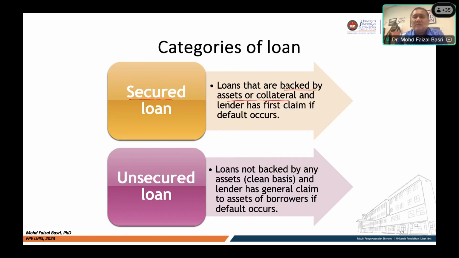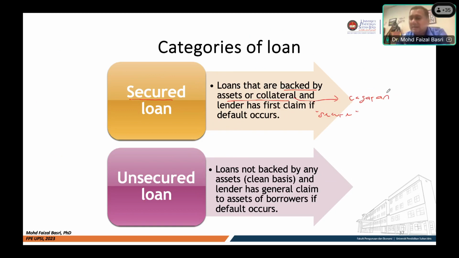What does it mean by collateral? Collateral simply means cagaran, and it is secure, selamat. What does it mean? As a bank, if it has a secured loan, it means every loan that they give to customers, the borrowers, will be backed by collateral.